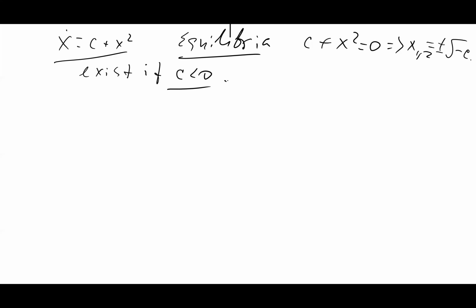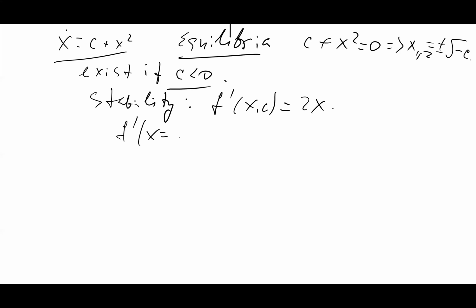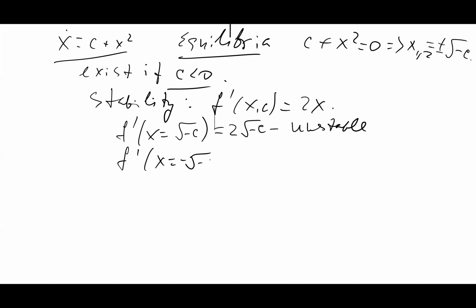And finally, stability: the derivative of f of x, c equals 2x, and therefore the derivative of f when x equals square root of minus c equals 2 times square root of minus c, unstable, and at minus square root of minus c it is minus 2 square root of minus c, stable, it's negative.